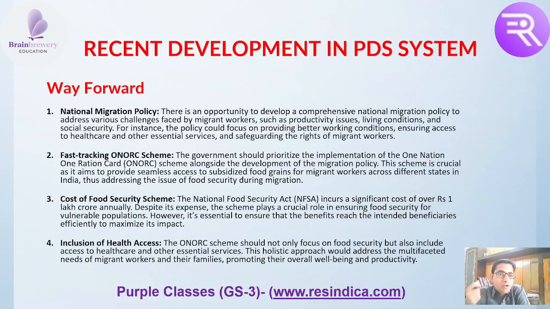So what is the way forward in order to achieve this whole concept? What the government can do is come up with a national migration policy, a total comprehensive policy of who a migrant worker is, how they are going to travel, and what type of services they will be getting.